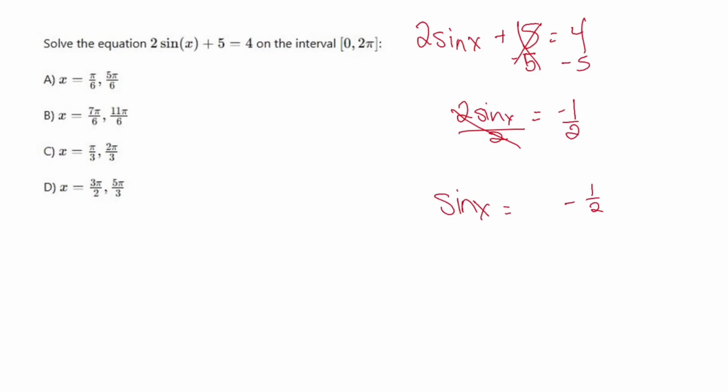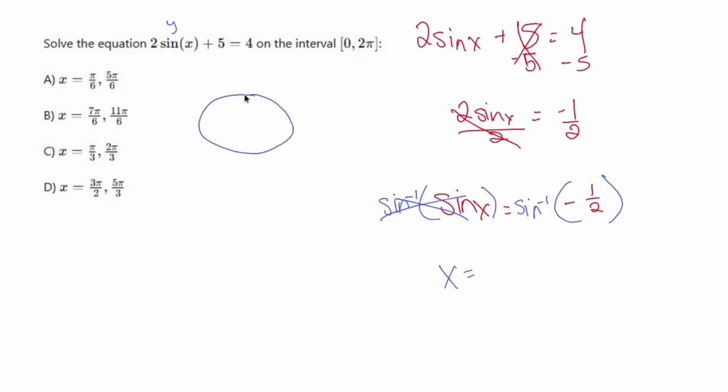Now, why did I leave all that space there? Well, in order to get x all by itself, you have to inverse sine both sides. So what I need to do is figure out what the inverse sine of negative 1 over 2 is. Now remember, sine is a y value. So I'm thinking unit circle thoughts.